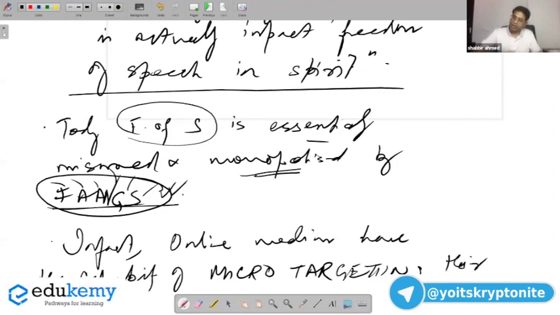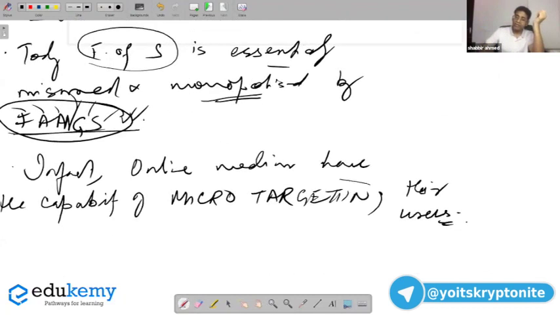I hope you know what I mean by micro targeting their users. ये सुना है आपने? What is micro targeting of users? So you are able to exactly know what the preferences are, what are those idiosyncrasies, what are the biases. You can use cookies and you can target specific information to some people alone. So ये बहुत high level of data management है.